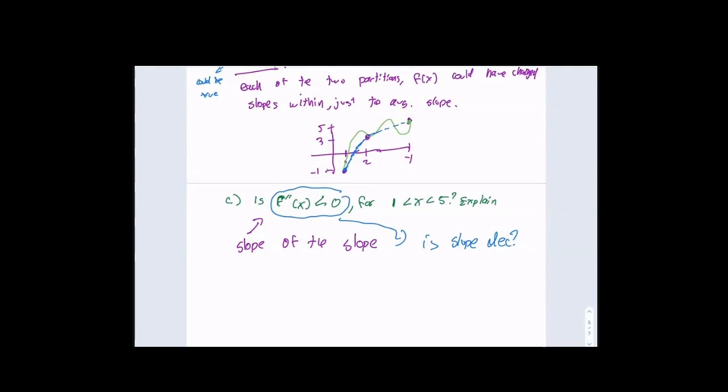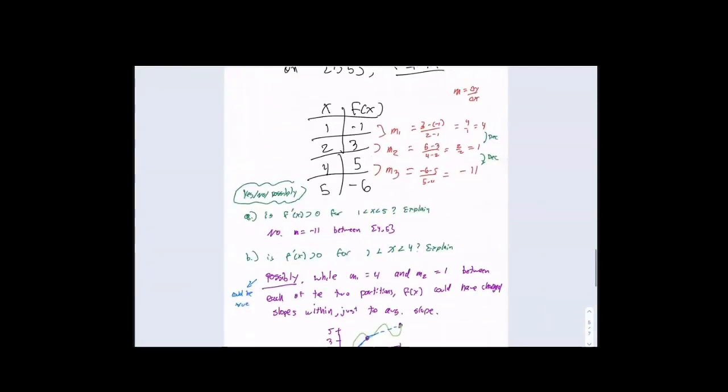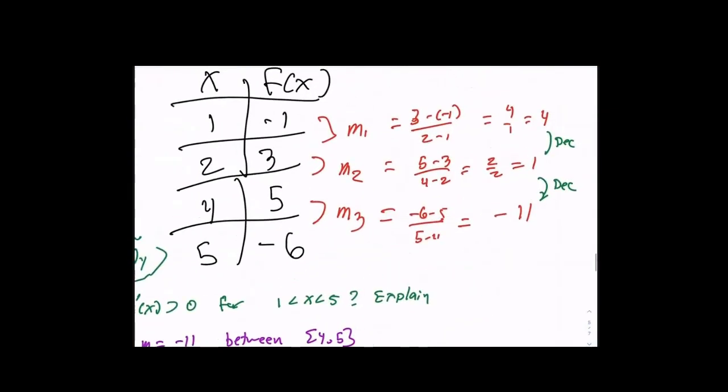So we're still on the same topic here. Is the slope decreasing? Well, we found the slopes for 1, -11. Now, I'm not talking about the value of the slopes. I'm asking you how the slopes are changing. So the slope went from a 4 slope to a 1 slope to a -11 slope.